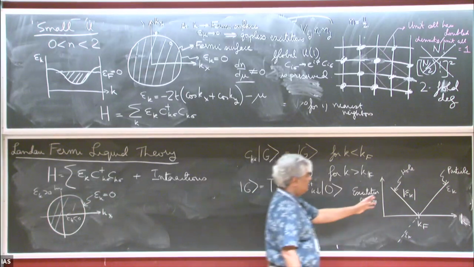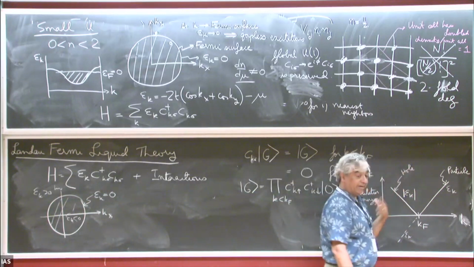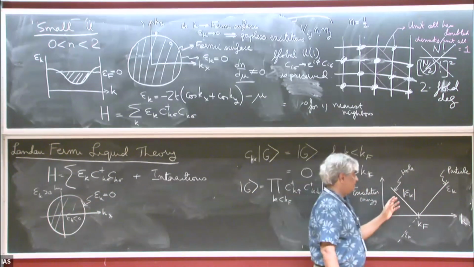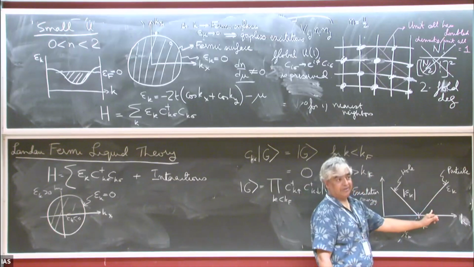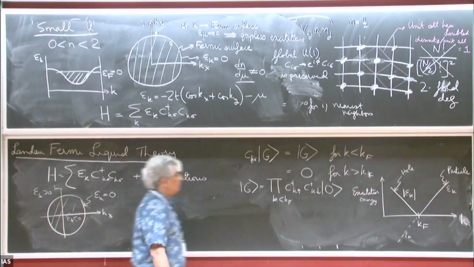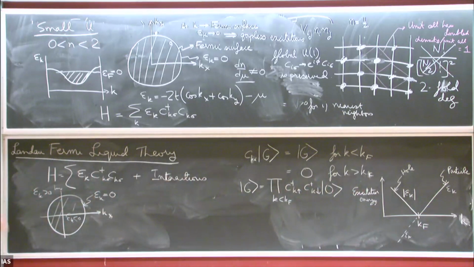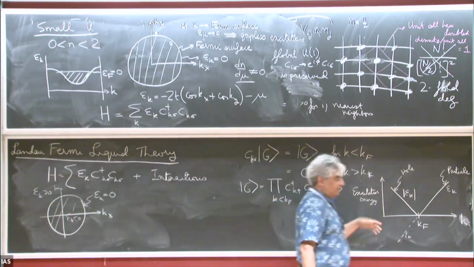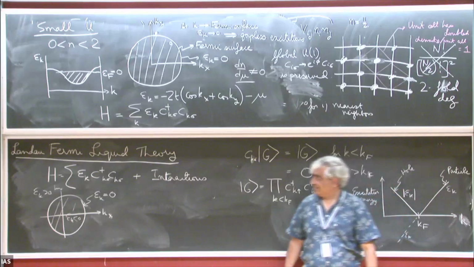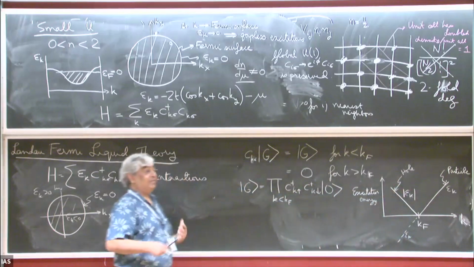So the charge of these excitations, the quantum number they carry, the electron number, is discontinuous. It's -1 here and +1 there. So the essence of Fermi liquid theory, in some sense, is the claim that this distinction, where your elementary excitations change from being negatively charged to positively charged, is preserved even in the interacting system.